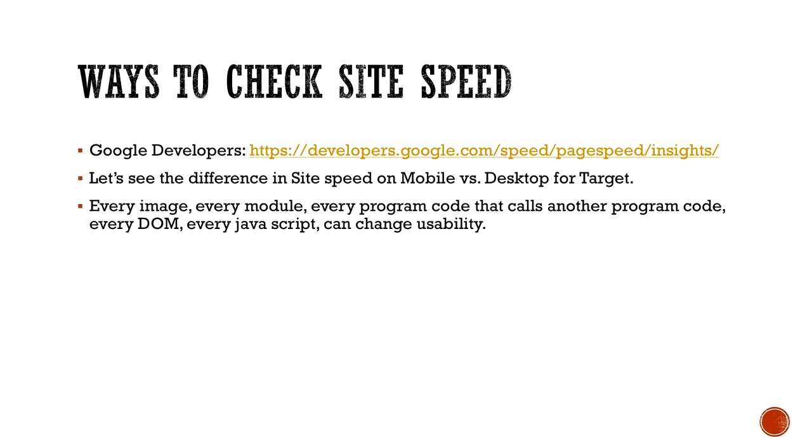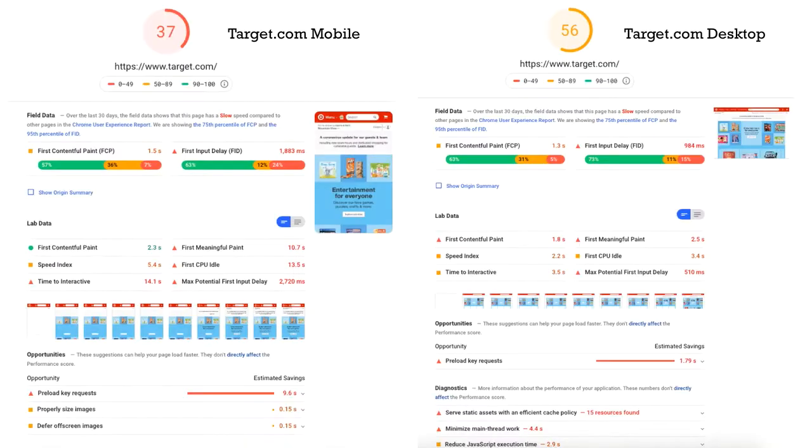So remember, every image, every module, every program code that calls for another program code, every DOM, which is a document object model, which is nothing but a script that basically connects a programming language to a web page, every JavaScript, these can all change usability. So let's look at how that stacks up.